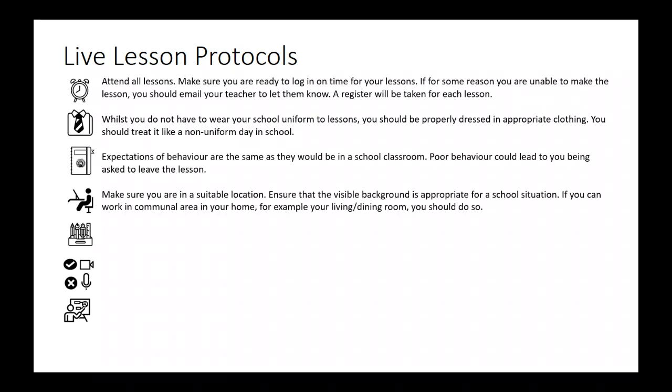At home, when attending a live lesson, pupils should aim to make sure they're in a suitable location. They should ensure that the background of their video is suitable for the school situation. If they can work in a communal area in the home, for example a living room or dining room, then they should do so.